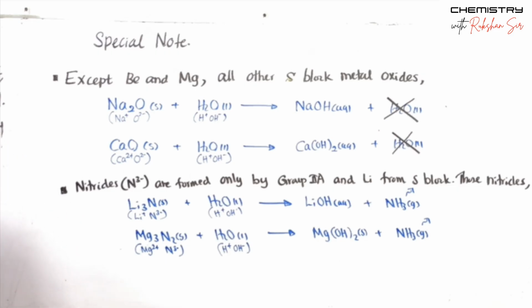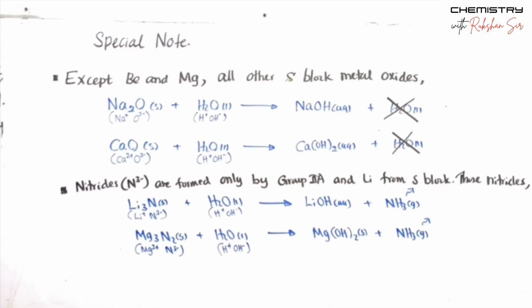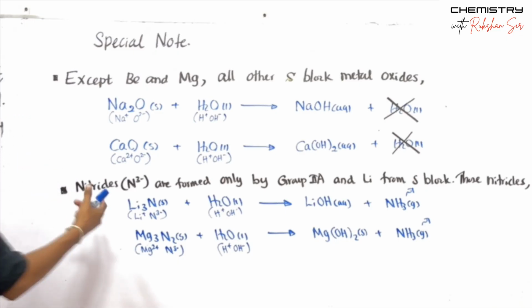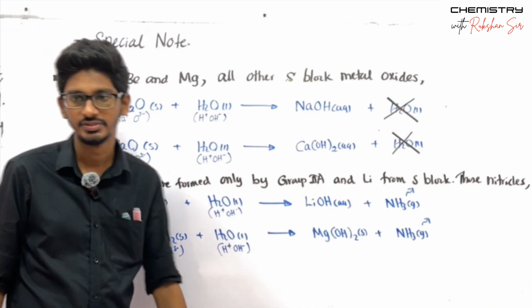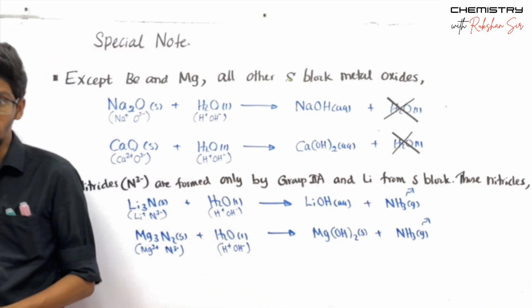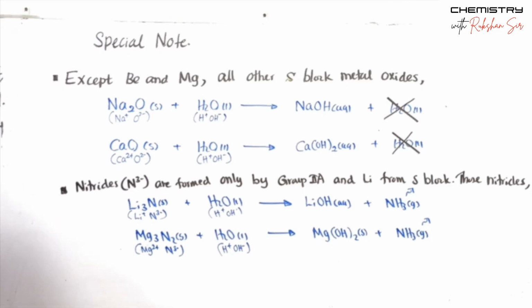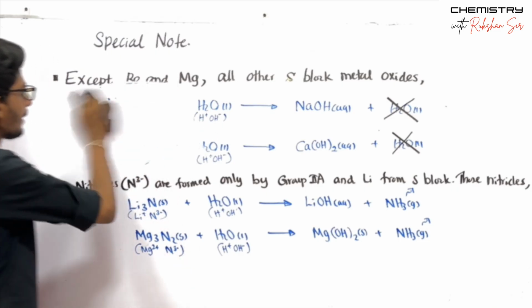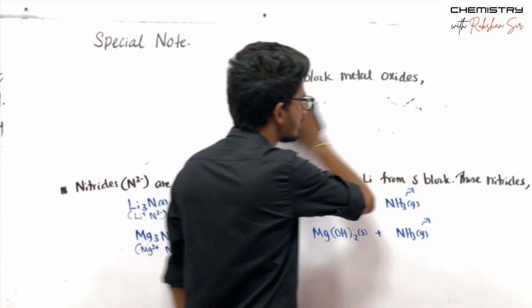Right now, let's discuss how the hydrides produced when the S block is reacting with H2 will react with water. Okay, these are done. Let's discuss how the hydrides will react.